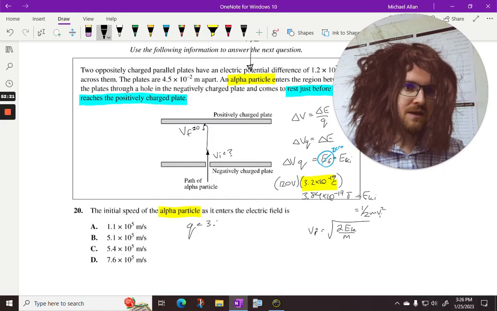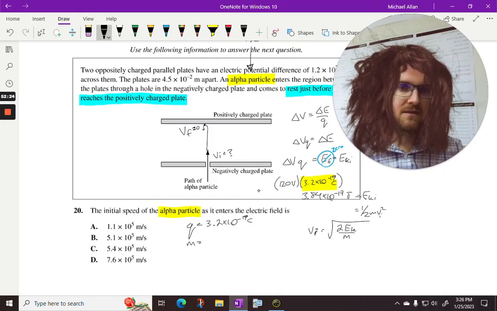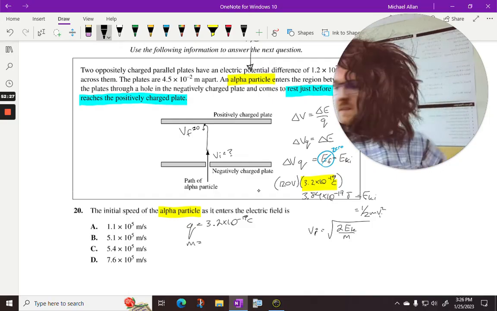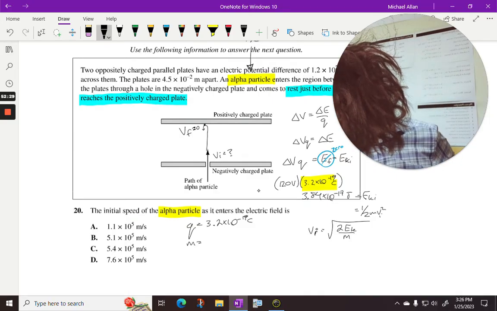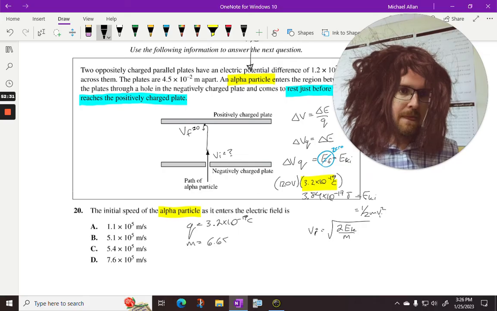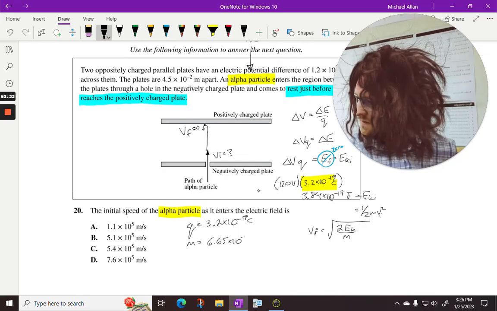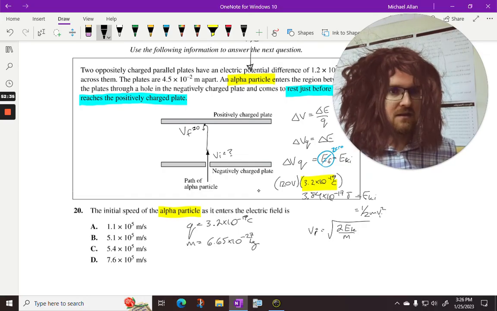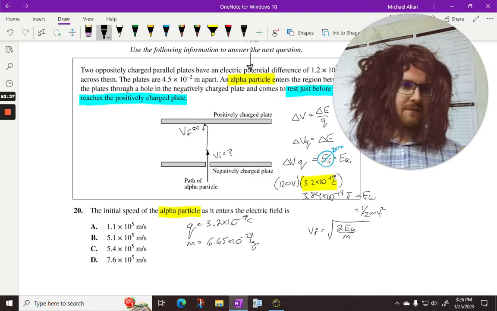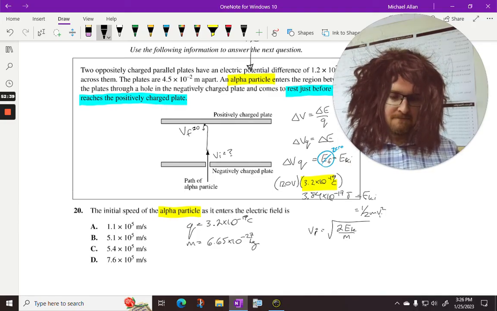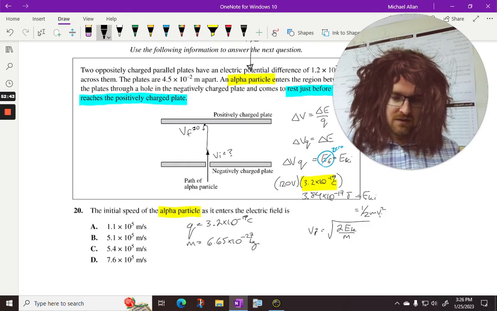So this is 3.2 times 10 to the negative 19. The mass, gotta look around here, 6.65 times 10 to the negative 27 kilograms. Okay, so I have to divide by that number. Make sure to take the square root.